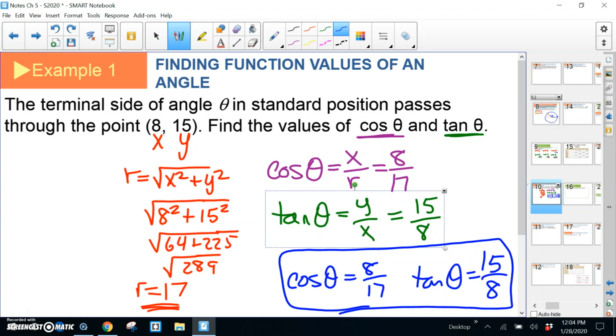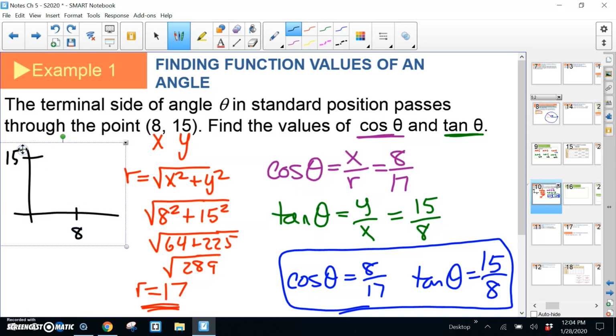Now, if you imagine the picture, think about this picture. They're saying go over 8 and go up 15, and there's a dot there. This angle that we have goes through that point. It just so happens that that defines a right triangle. If you look at that right triangle, this side is 8 and this side is 15. And if you did Pythagorean's theorem, you're going to find the hypotenuse is 17.